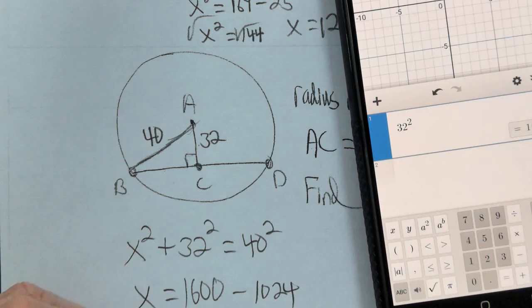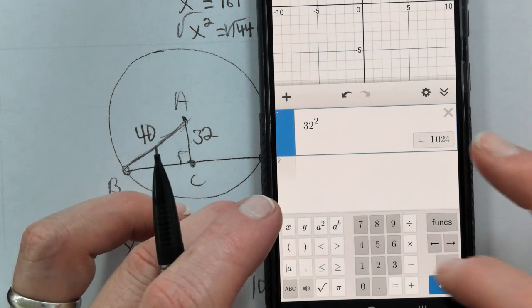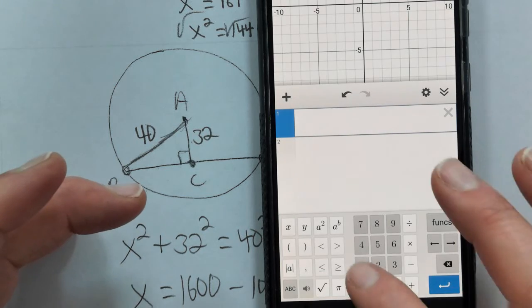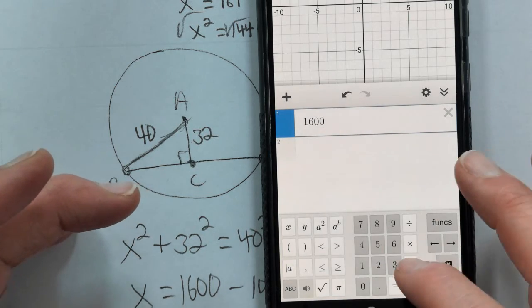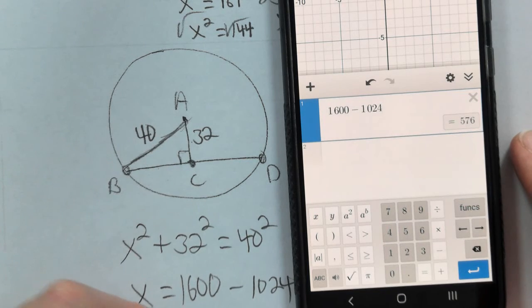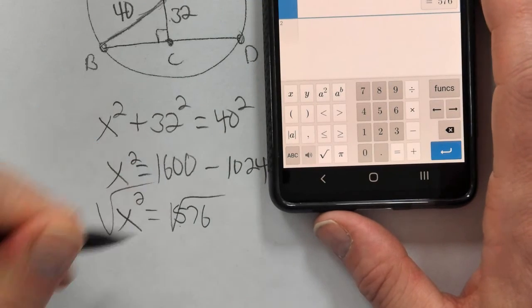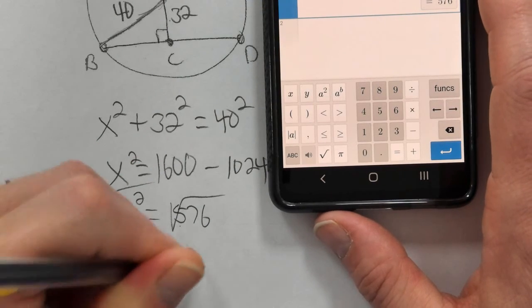Okay, I need to subtract those from each other. 1600 minus 1024 is 576. Then I'll take the square root of both sides, and I'll get X is equal to 24.